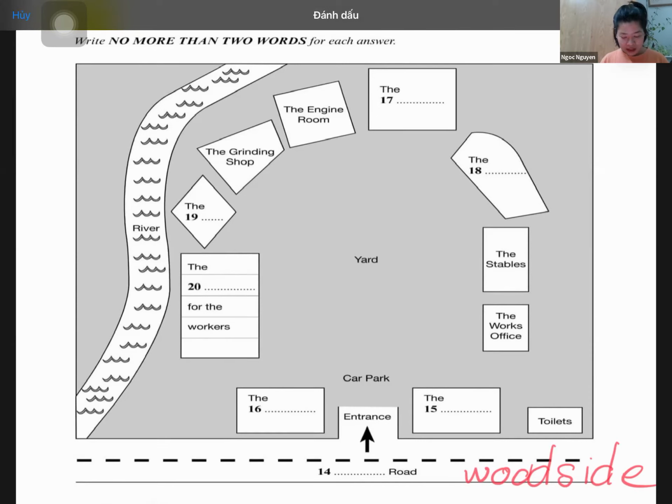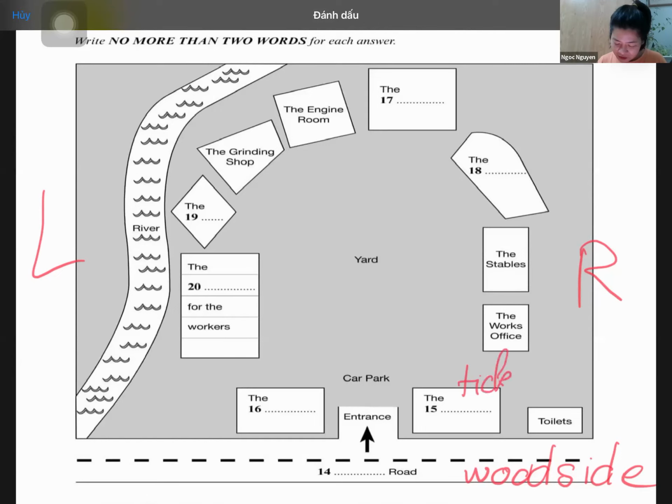And so we're here at the entrance, running at the bottom you will see Woodside Road, and to the right of the entrance, we'll see something. Hua, please, to the right of the entrance. I think to the right of the entrance is the ticket office.